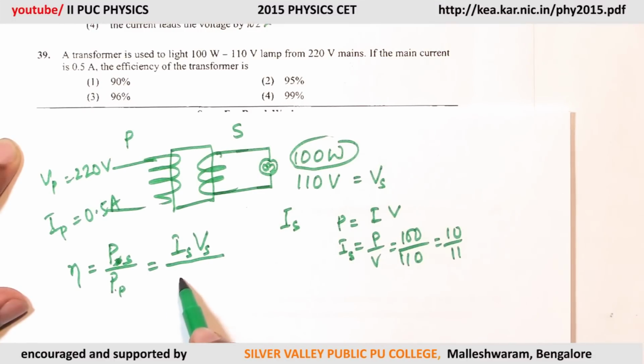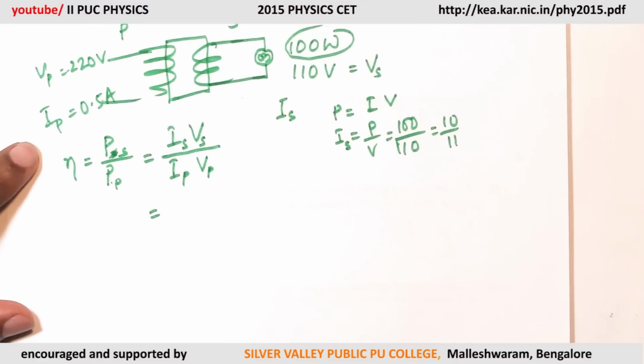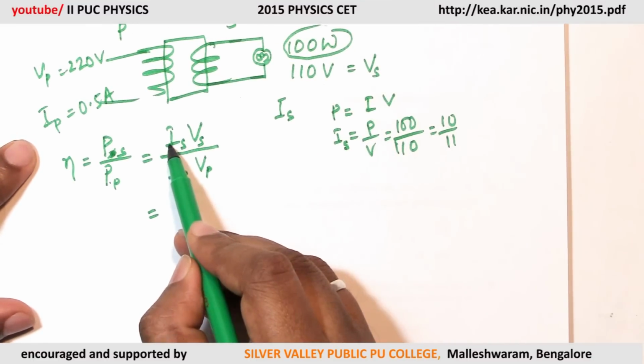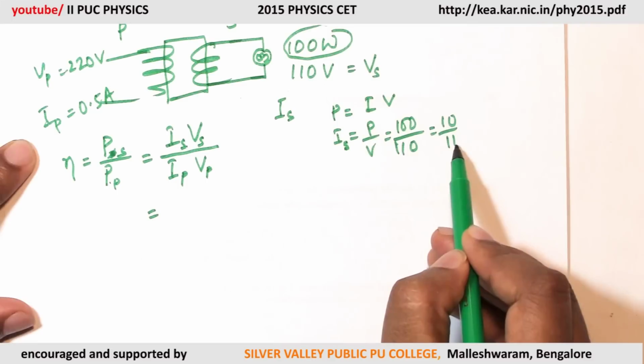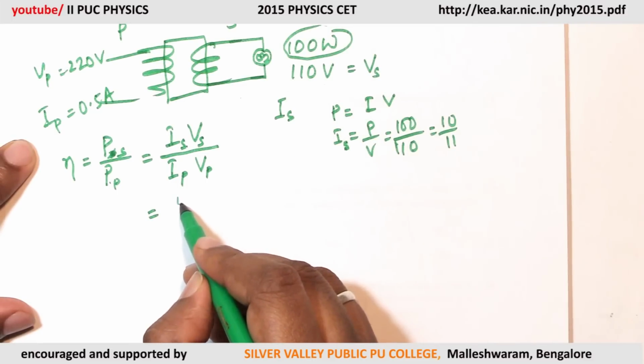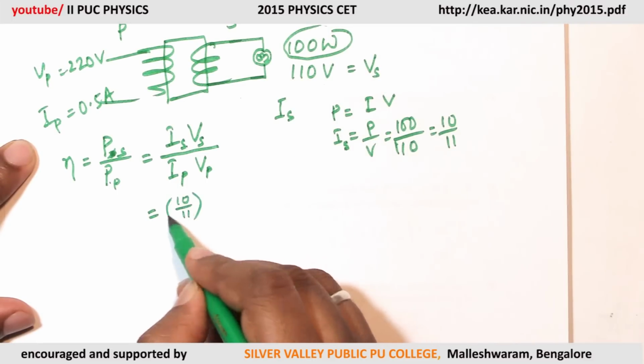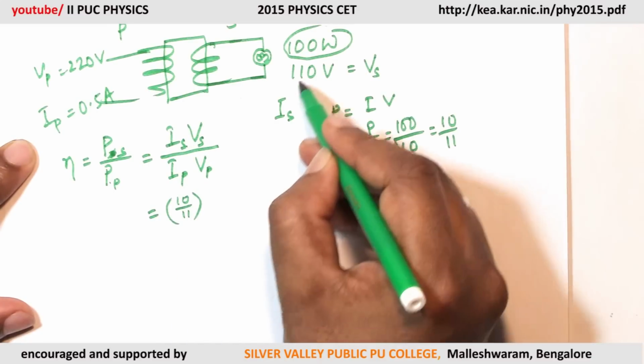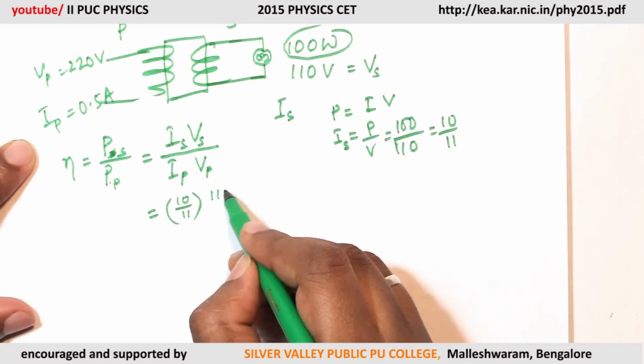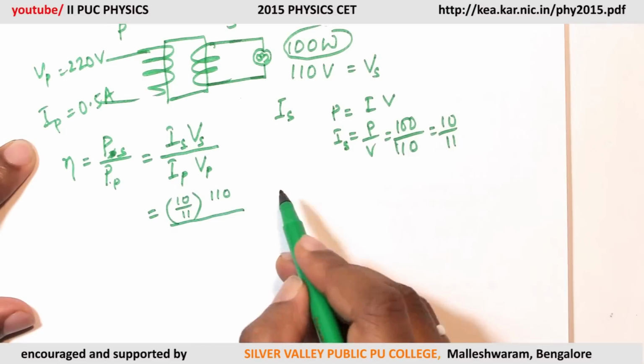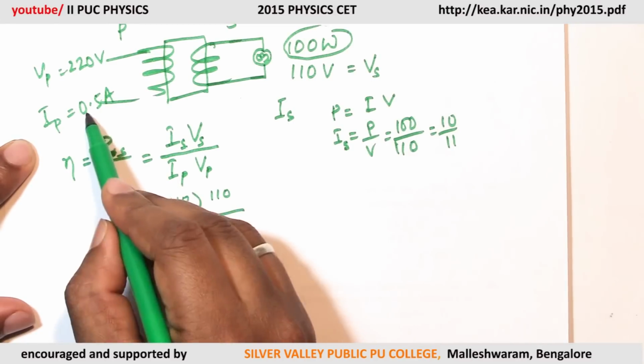Power at the primary: current at the primary, voltage across the primary. Current at the secondary is 10 by 11. Voltage across the secondary is 110, divided by current at the primary 0.5, into voltage across the primary.